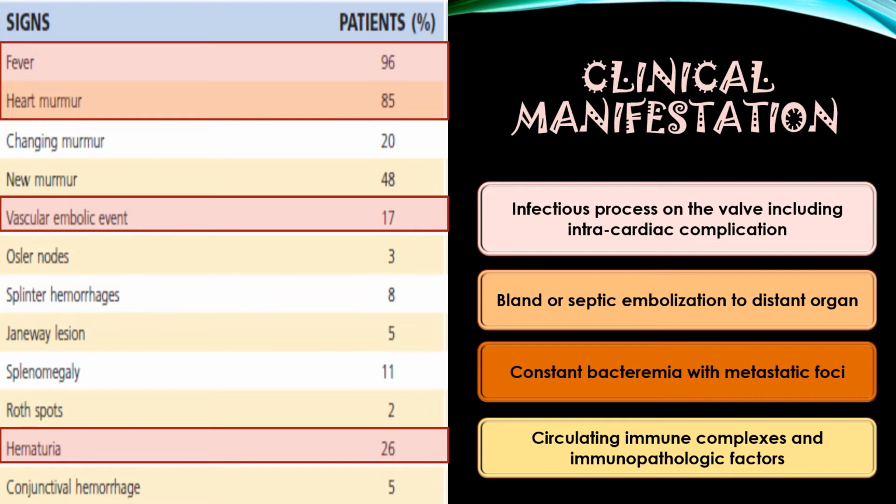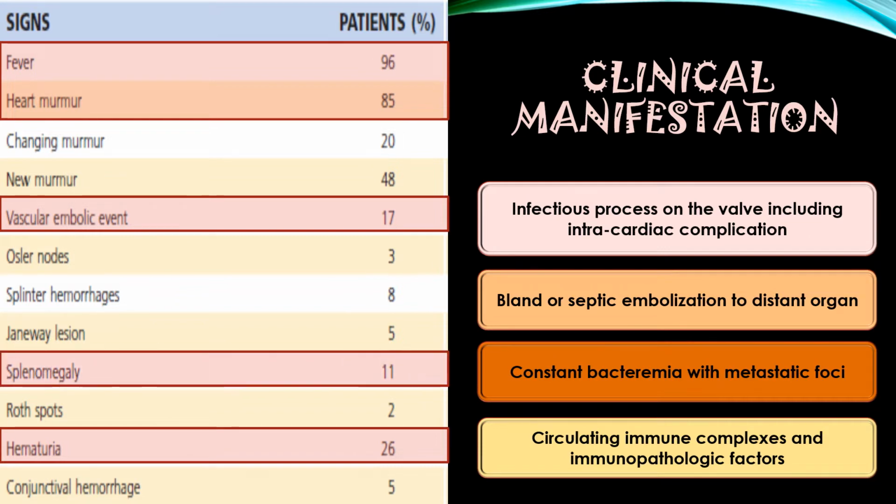Maybe the patient did not complain of anything to you, but when you check their urine, you will see red blood cells in the urine. This is a clue for the syndrome of infective endocarditis. Splenomegaly is a sign found in this syndrome from bacteremia and metastasis to the spleen.